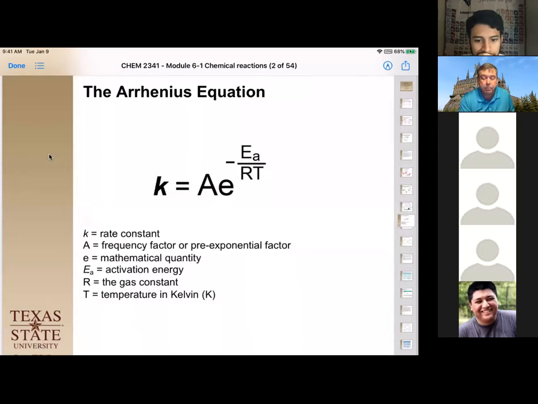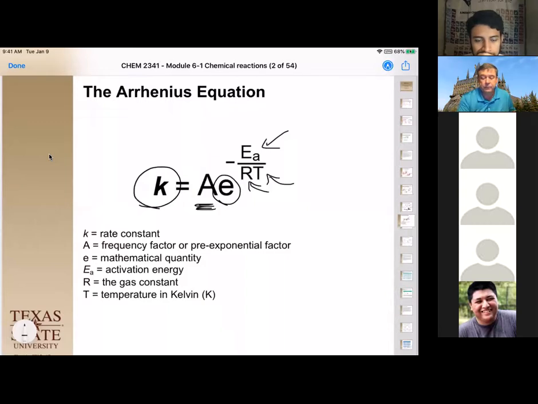So the idea is our measured rate constant here is equal to some frequency factor or pre-exponential factor, and that's related to the type of reaction, times e to the negative activation energy over RT. R is the gas law constant, and T is the temperature in Kelvin. Okay. So as T gets very big, our rate law gets big. As E gets very big, our rate law goes down. So a smaller E and a bigger T makes the rate go faster.